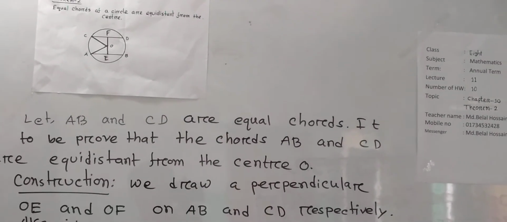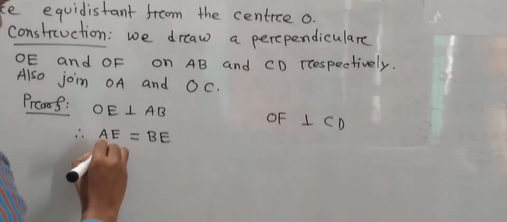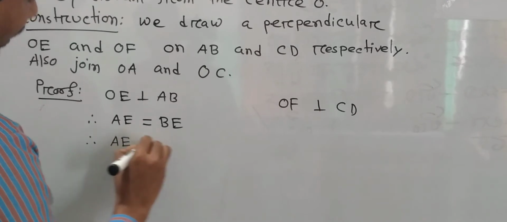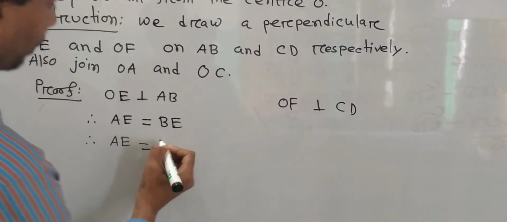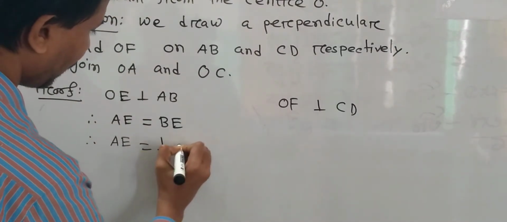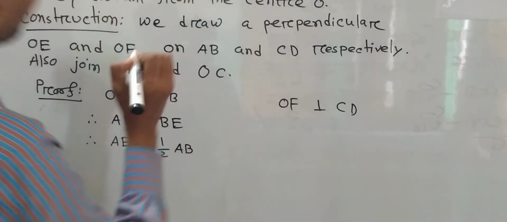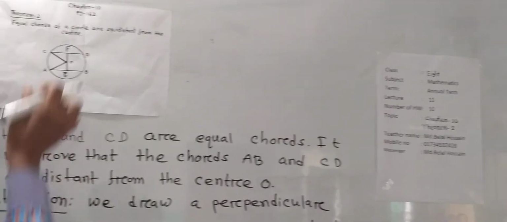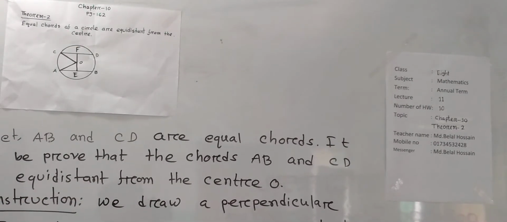Okay, that means we say AE equal to half of AB. Similarly, as OF is the perpendicular, CF and DF are equal.